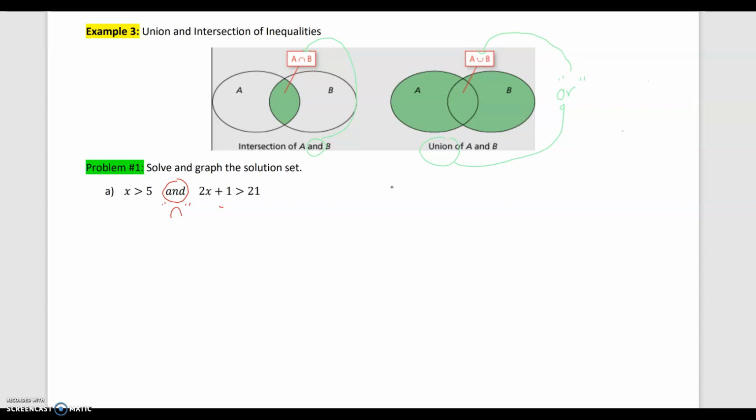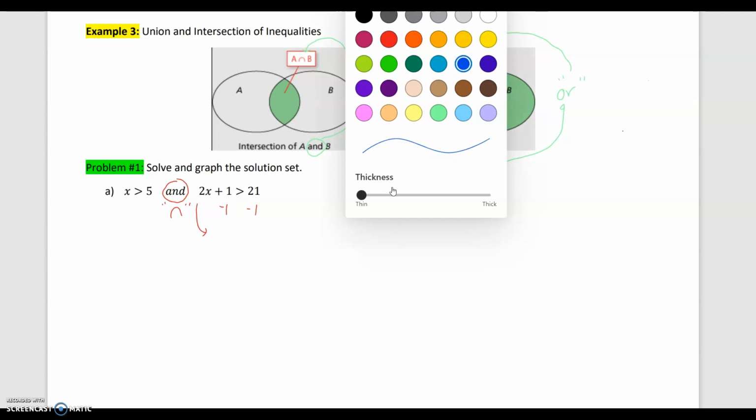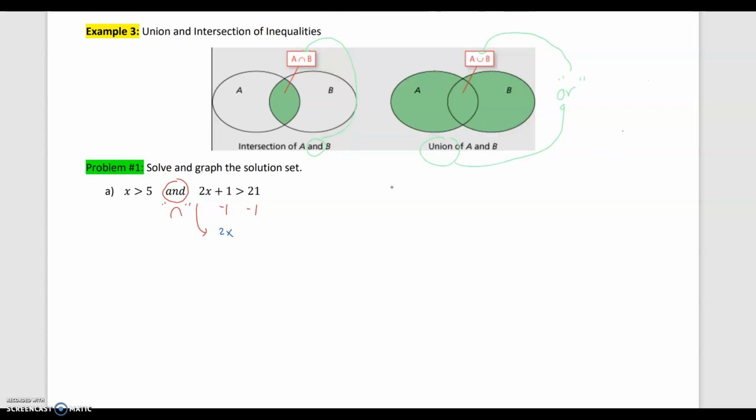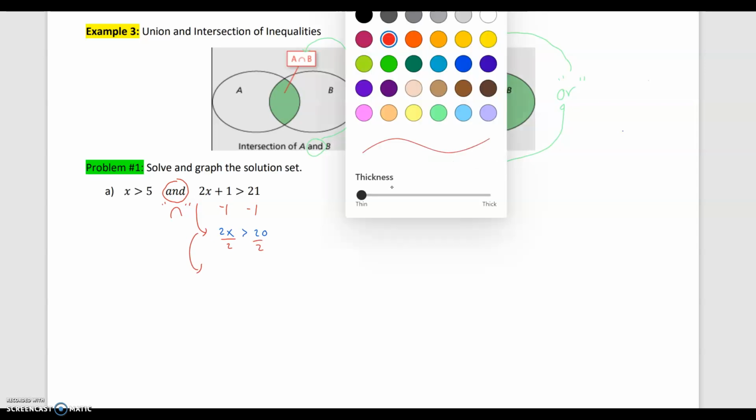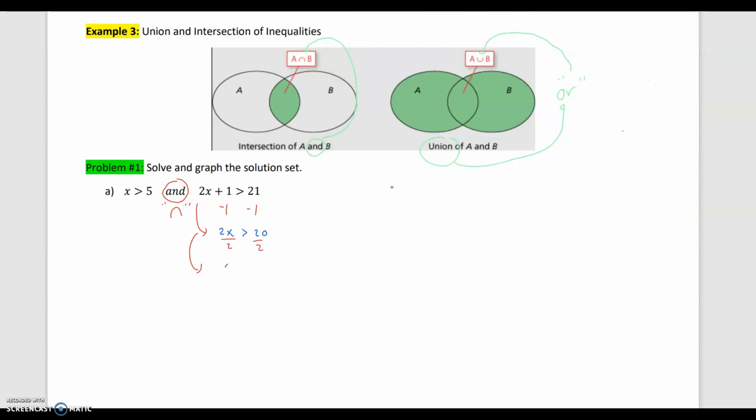So the first step is going to be to subtract 1. And this will give us 2x is greater than 20. And then we're going to be dividing by 2, and then we're looking at x is greater than 10.